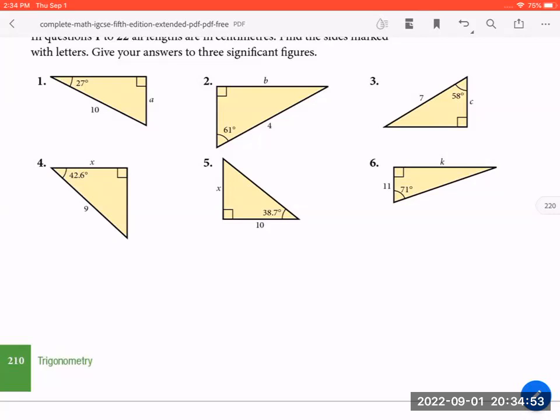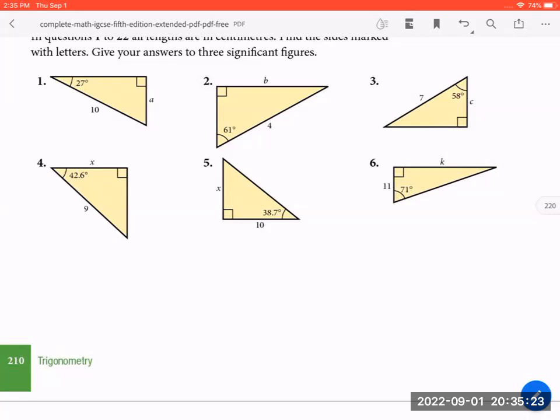It is sine, yes. After cross multiplying, the opposite will equal 10 sine.